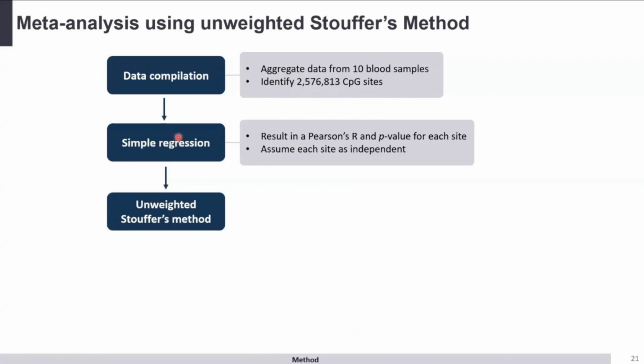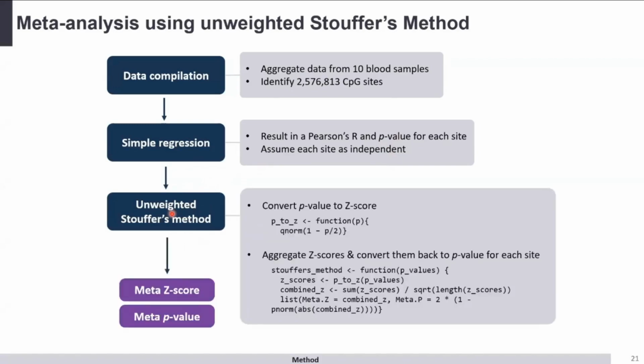We performed a simple regression analysis on each site and generated correlation coefficients and associated p-values. Since the regression analysis is independent for each site, we then apply Stouffer's unweighted method to analyze the statistical evidence across multiple CpG sites. This method is useful for meta-analysis, where basically you combine the results from multiple studies or tests to find an overall effect.